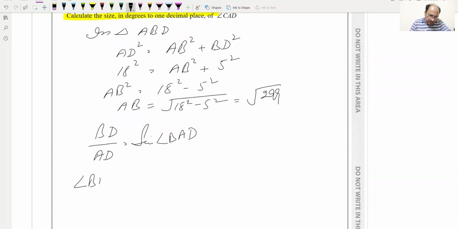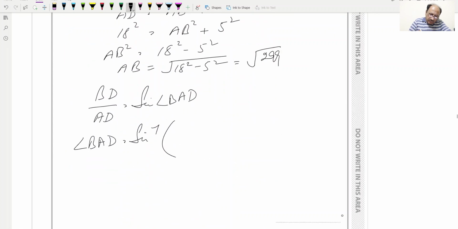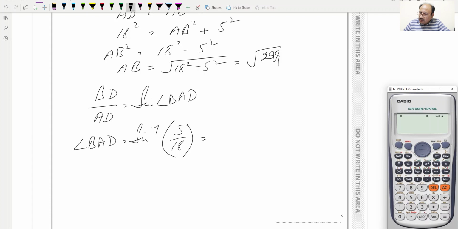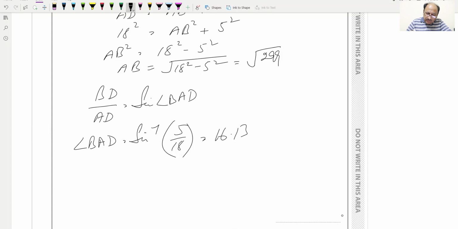So angle BAD will be equal to sine inverse of BD, which is 5, so 5 over 18. Your calculator should be in degree mode. I will change into degree mode. So shift sine of 5 over 18 is equal to 16.127, or 16.13 degrees. This is basically the angle.